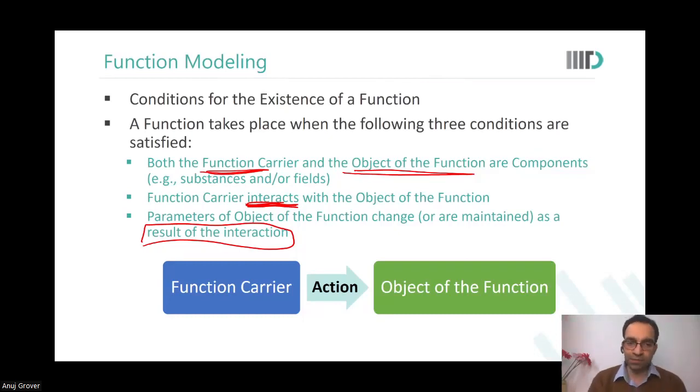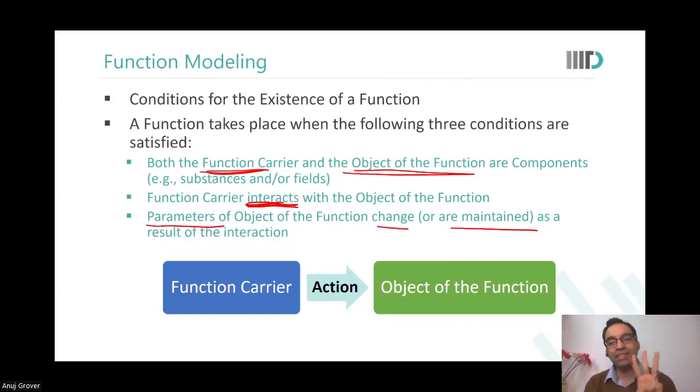Unless this happens, there is no function happening. And third is that some parameter of the object of the function should either change or be maintained as a result of that interaction. So these 3 conditions have to be met to say that there is a function there. If any of these 3 conditions is not met, then you say there is no function.